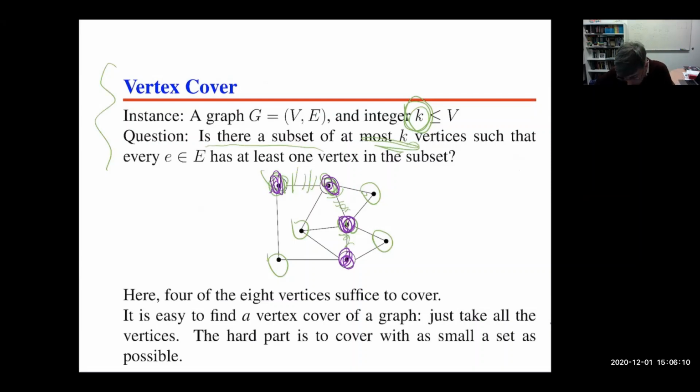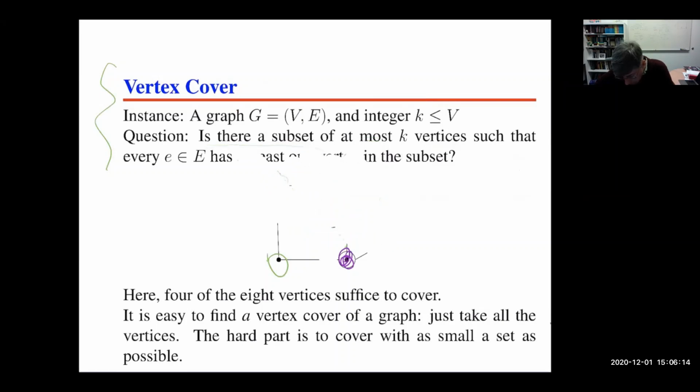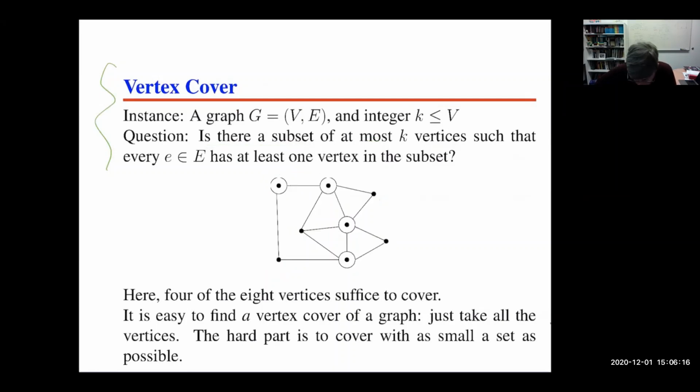What was the problem of vertex cover? We wanted to find a small set of vertices with the property that this small set includes at least one vertex of every edge. That is, the small set of vertices covers the graph.